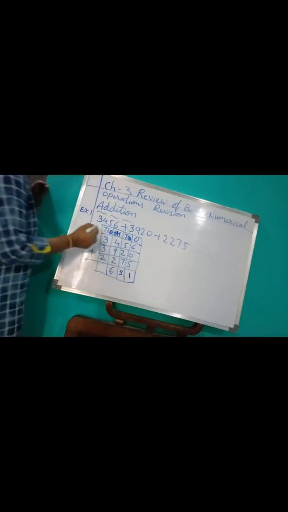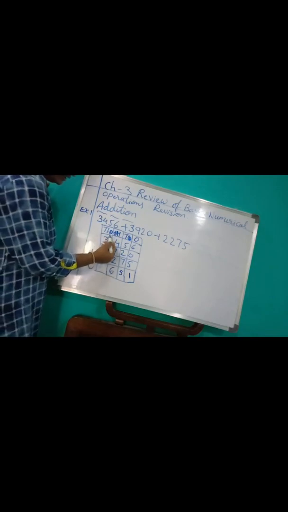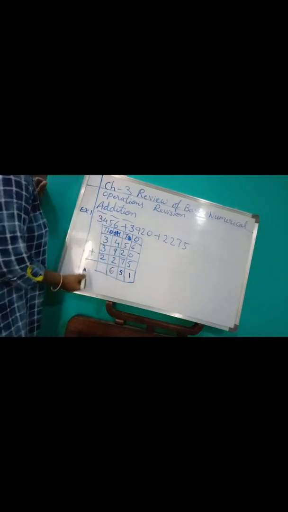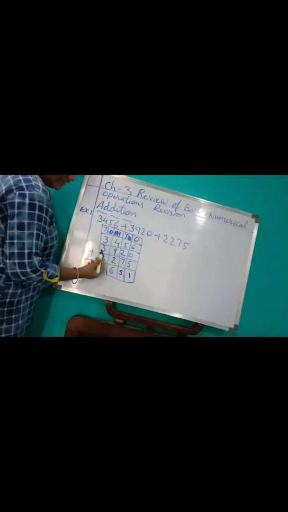What is the next place? Thousands place. Again in the thousands place you should add these numbers 1, 3, 3, 2. 1 plus 3, 4. 4 plus 3, 7.